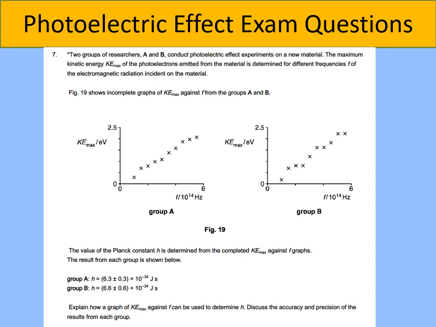So some very important information there. Explain how a graph of Ke max against f can be used to determine h. That's the first thing we need to do. Then we've got to discuss the accuracy and precision of the results from each group. So we can look at the values for h, and we can also look at the data plotted on the two graphs as well for that discussion.